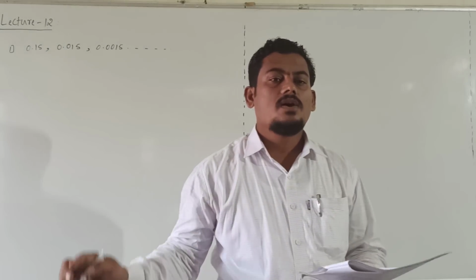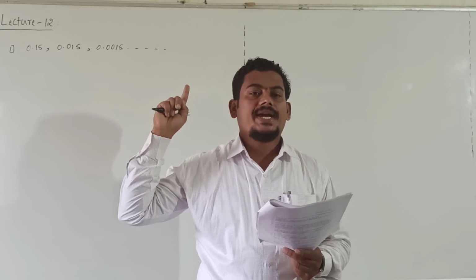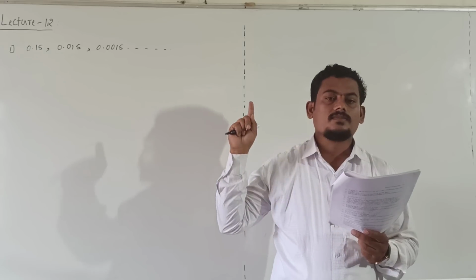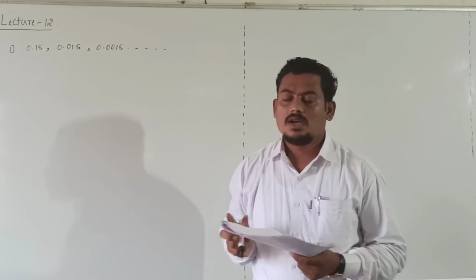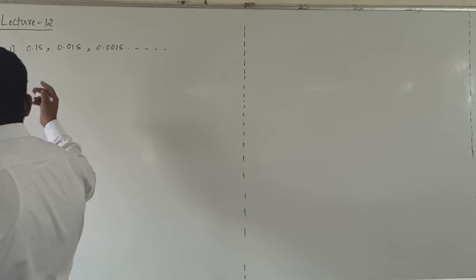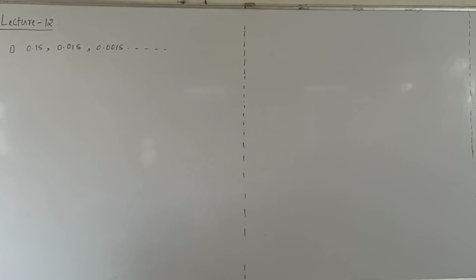Once again, the question: find the sum to 20 terms, means find the sum of the first 20 terms of this GP.